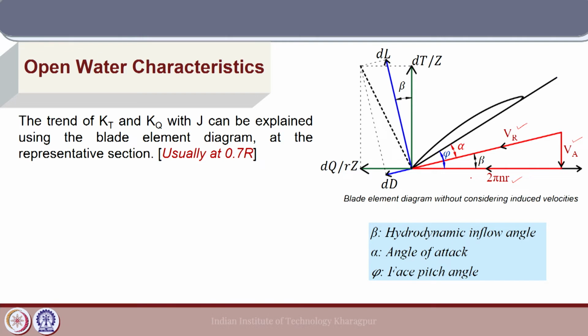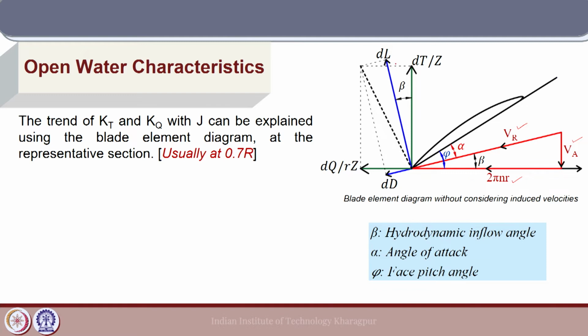Now, one thing you must understand, that here we have not considered any induced velocity. Just to keep it simple, the blade element diagram is shown without any induced velocity components. That is why we have only Va and 2 pi nr.